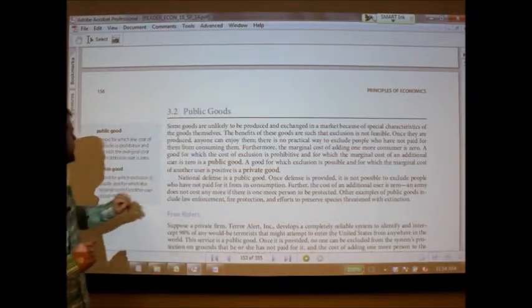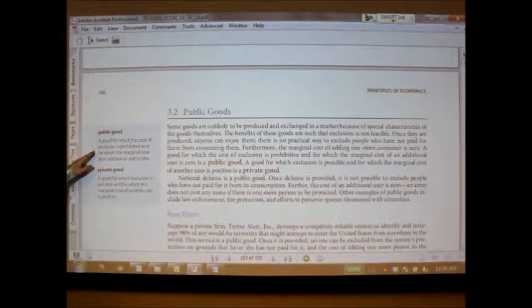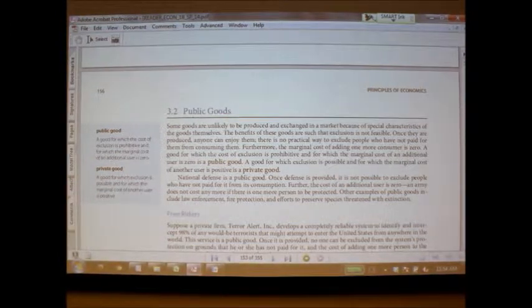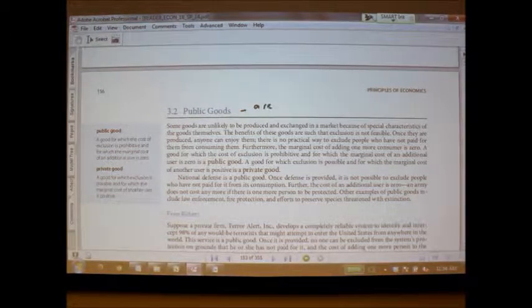And what's a public good? A good for which the cost of exclusion is prohibitive and for which the marginal cost of an additional user is zero. I want to put this a little bit differently for you. So public goods are non-excludable and non-rival.